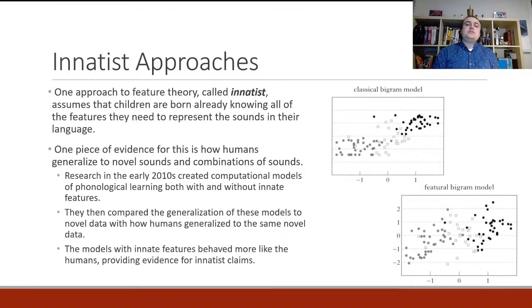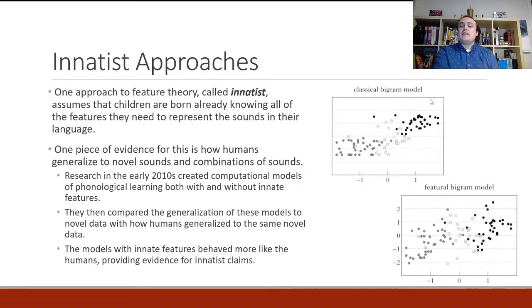So research in the early 2010s wanted to kind of push this idea a little further. They created computational models of phonological learning that both had and didn't have innate features. They could make basically the same exact model, but in one case give it features, and in another case, don't. Then they could take the generalization of these models to novel data, like the word Bach, and compare that to how humans generalize to that same novel data. I've got an example of that here on the right.